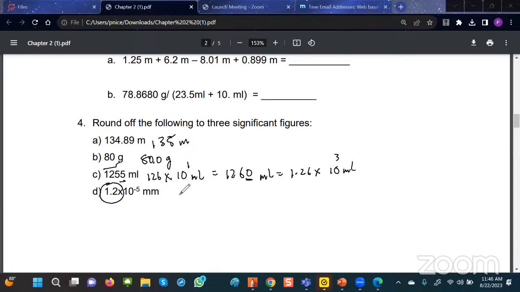So with that said, what do you think the answer is? 1.20 times 10 to the minus 5. And the units here in this case would be millimeters. All right? So that's basically how we do those. Any questions about any of these?